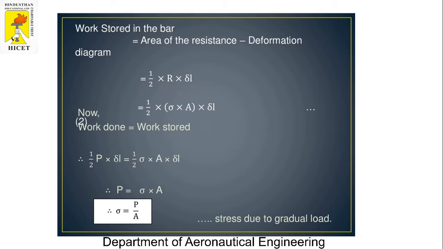So we get half P into del L is equal to half sigma into A into del L. By cancelling half and del L, you get P is equal to sigma A.